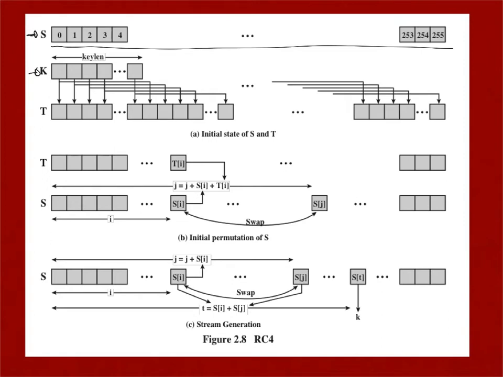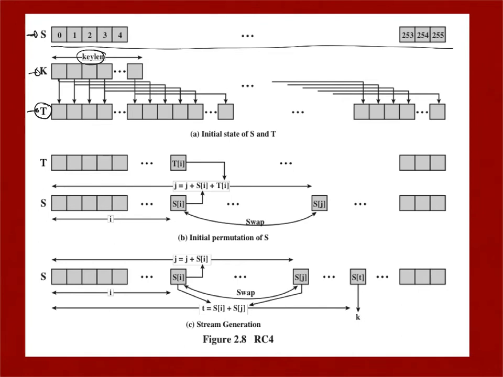You have the key, and the length of the key is variable. First we will generate a vector, we call it T, and initially this T is solely dependent on the key.